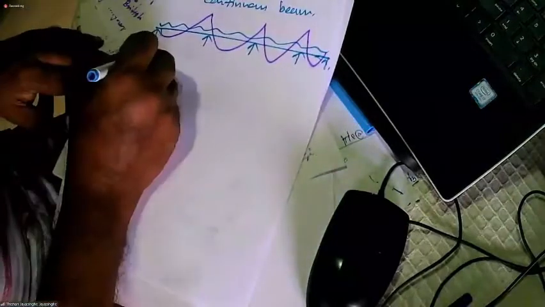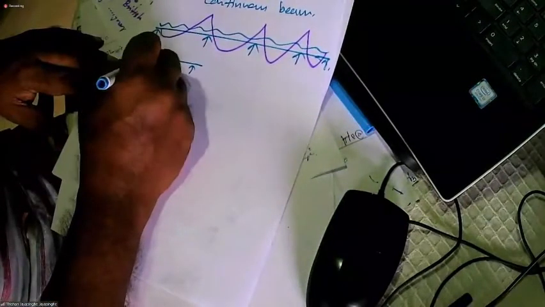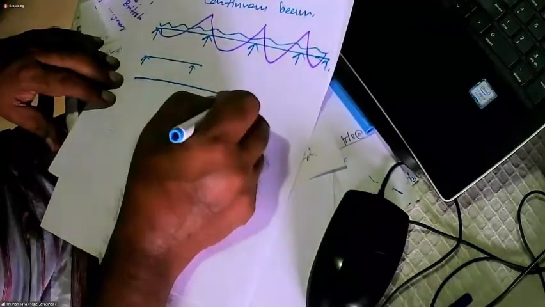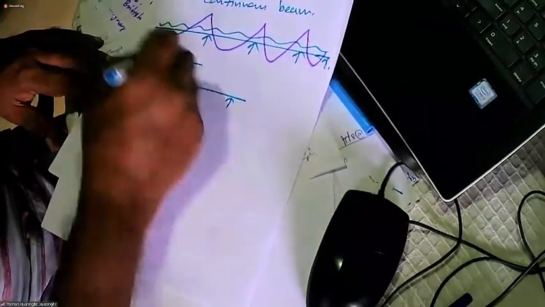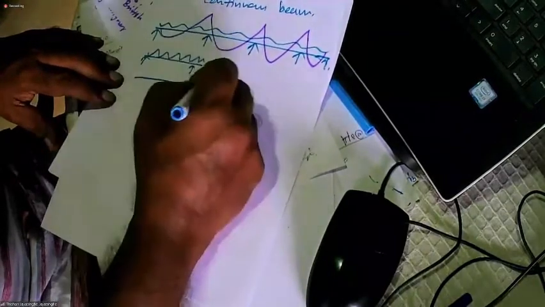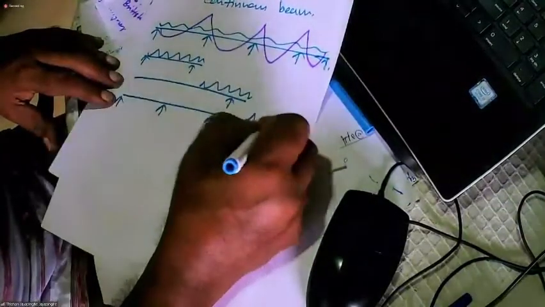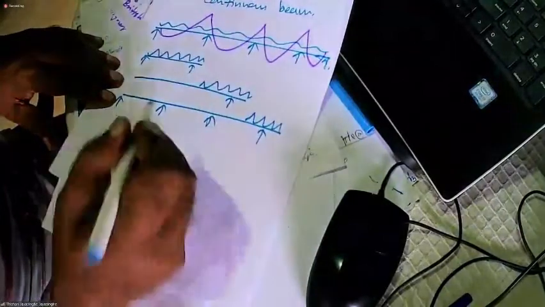Difficult. Why? We can't construct the structure like this at once. Generally, what we do is we construct the structure in stages. First stage, this one. Second stage, this one. Third stage, this one. Fourth stage, and so on.